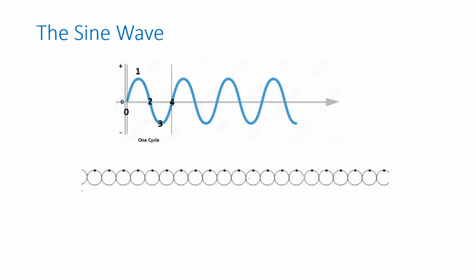If you're listening to your favorite radio station at 98.1 FM, the carrier signal, that is the sine wave signal being fed to the tower and the antenna, is going through this cycle 98,100,000 times per second. If you're listening to your local AM radio station that is at 1,000 on the dial, well, that 1,000 is 1,000 kilocycles, so that radio signal is going through this 1 million times per second.